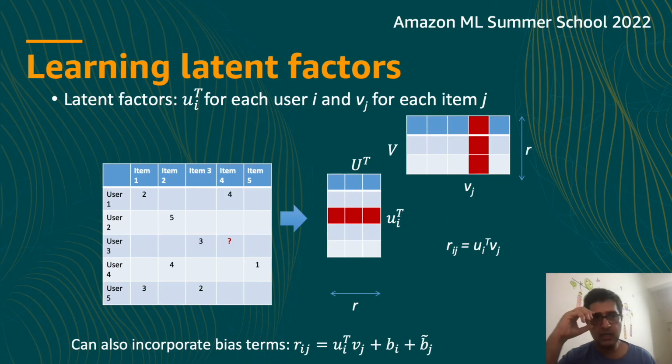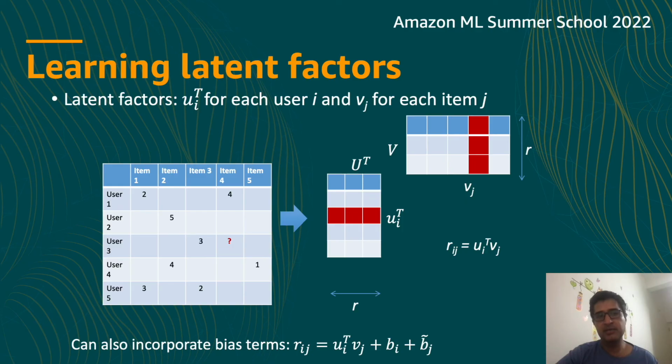Now let's come to the discussion on learning of these latent factors. Think about it this way: you're given a problem of user cross item interaction, right? Essentially, the users have bought certain items, and let's assume this is the interaction matrix that's giving you an idea of the rating that a user has given a particular item.